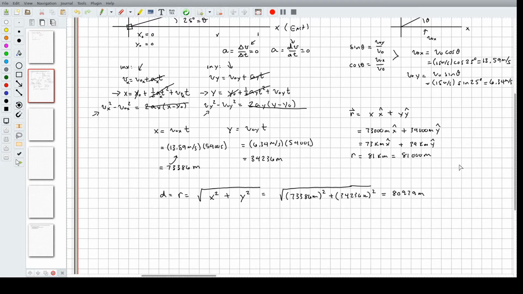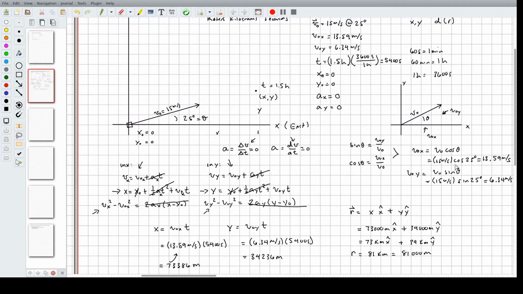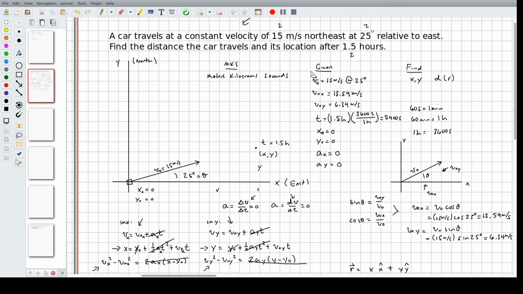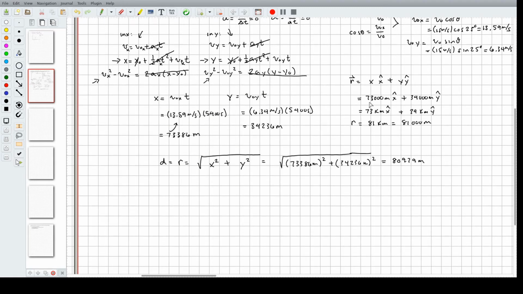Now, since we're trying to find not just the distance that the car travels, but its location, you could also express your location here as r vector is equal to 81 kilometers with an angle of 25 degrees above east.